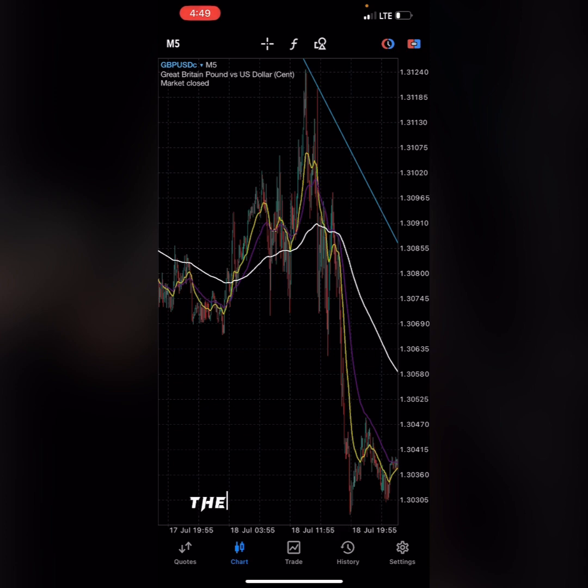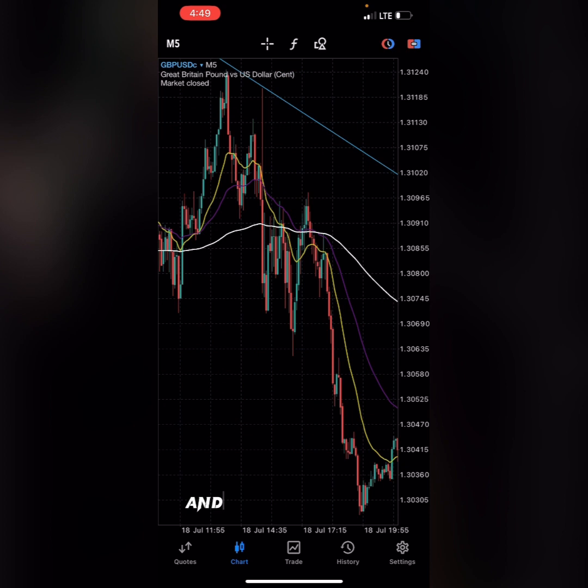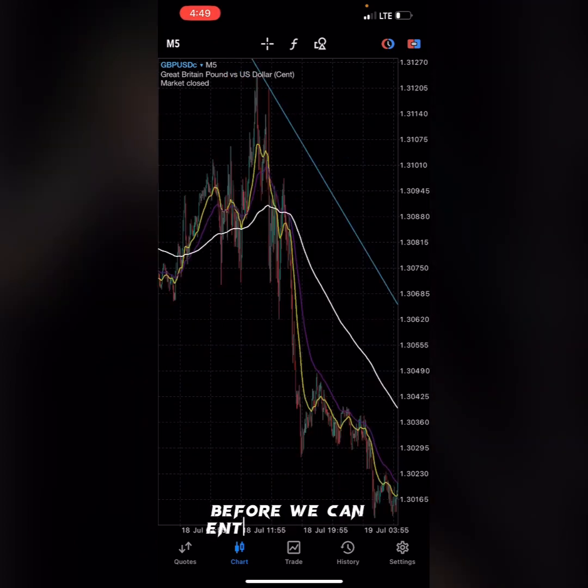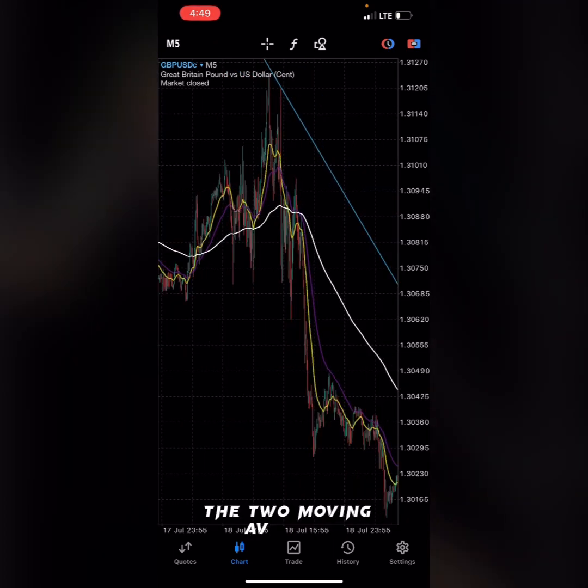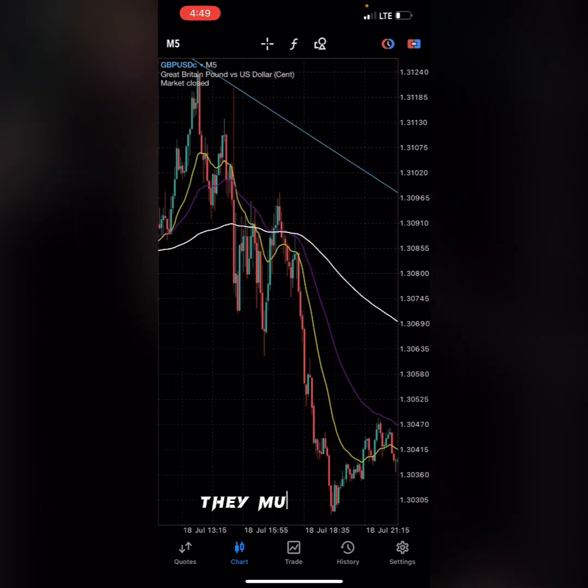The white one is the 200 moving average, the purple one is the 50 moving average, and the yellow is the 20 moving average. Before we can enter our trade, the 2 moving averages, the 20 and the 50, must be below the 200 moving average. They must cross themselves below it or have a retest.